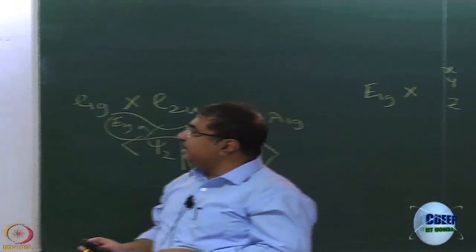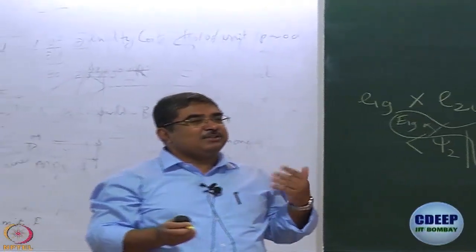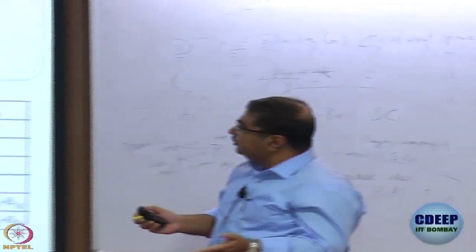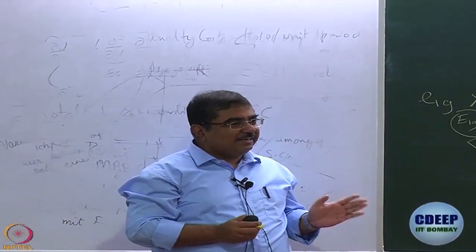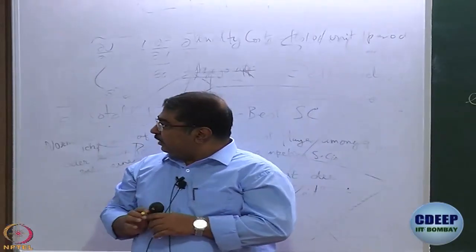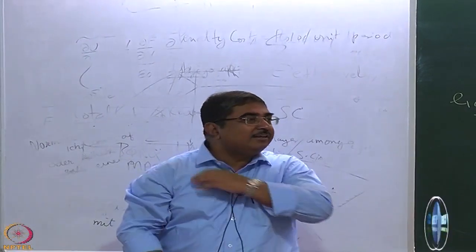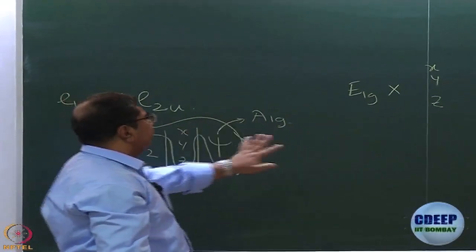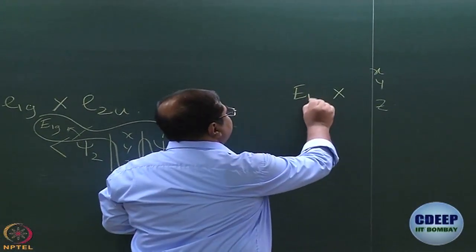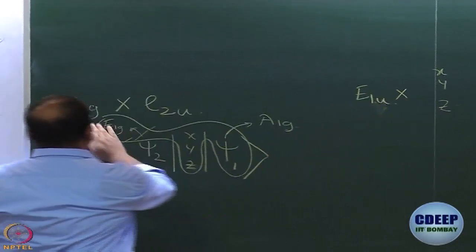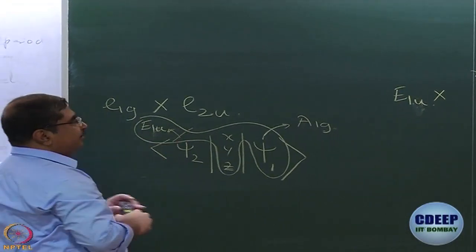Similarly, we have to worry about the direct product of B1U with the symmetry of x, y or z, and B2U with the symmetry of x, y or z. Sorry, have I written E1G here? E1U, you are right. Okay.